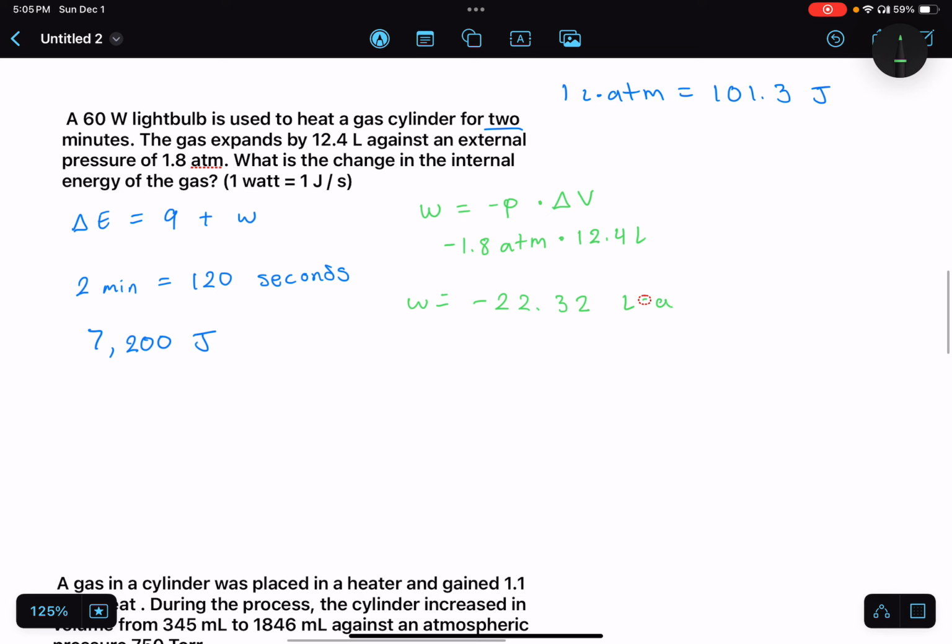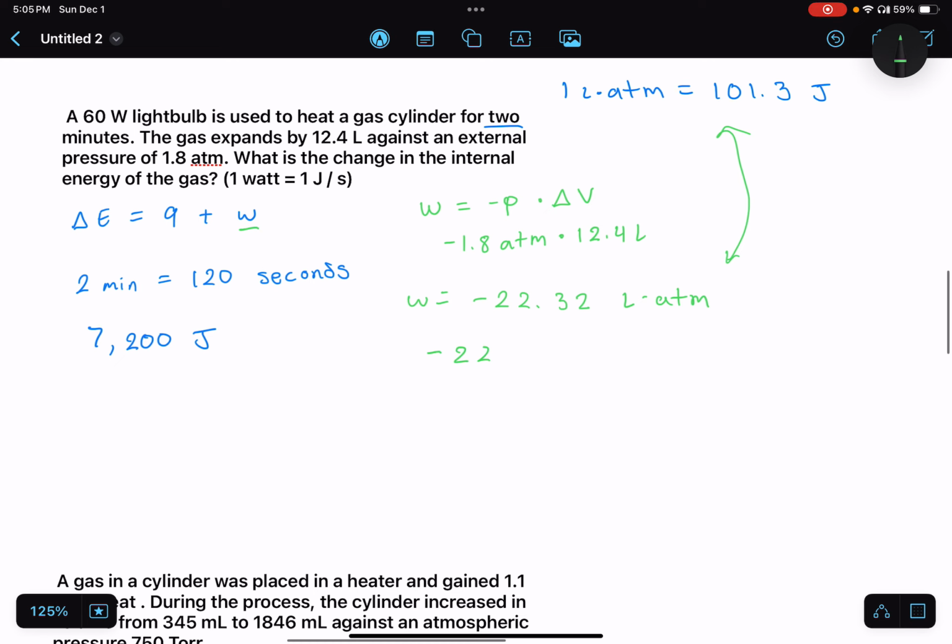So the work equals negative 22.32 liters times atmospheres. Now, remember, W in this equation has to be in joules. So this is where the conversion comes in. All you have to do is multiply negative 22.32 times 101.3 so that we end up with joules.